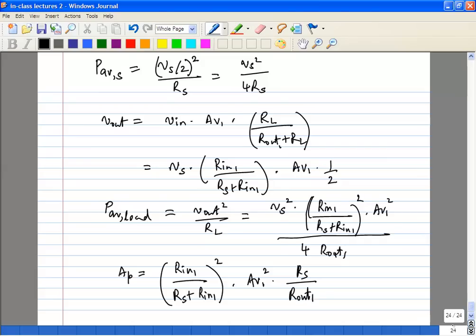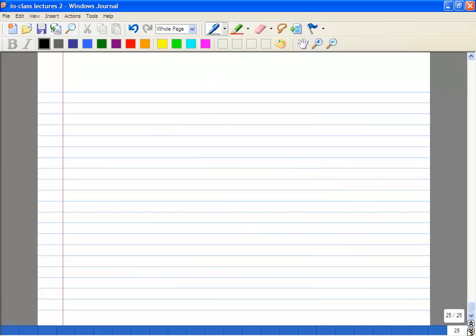Okay, so now let's consider a cascade of two-port networks.